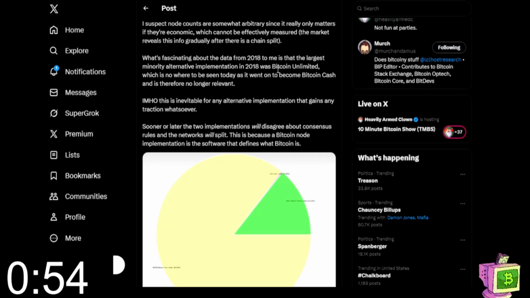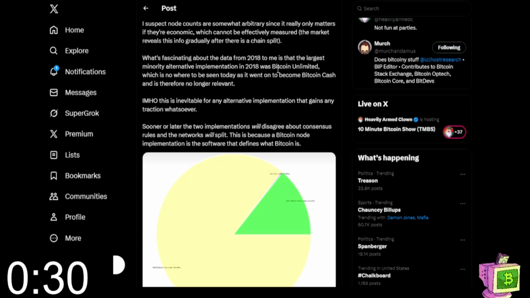And the node software decides what the rules are that you want to enforce for your Bitcoin wallet. If you want to transact with other peers on the network and you want them to abide by the same rules as you, whatever rules you're enforcing locally, if you're not compatible with the rest of the network, then you're going to be on your own different network with your own different token.